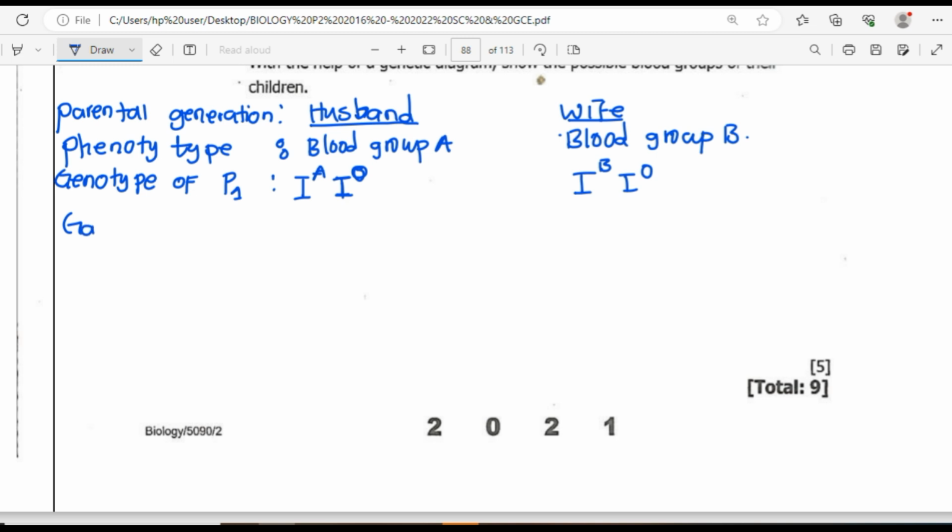Then after this, let's look at the gametes, the gametes of the first parental generation. Now here we are going to have random fertilization.